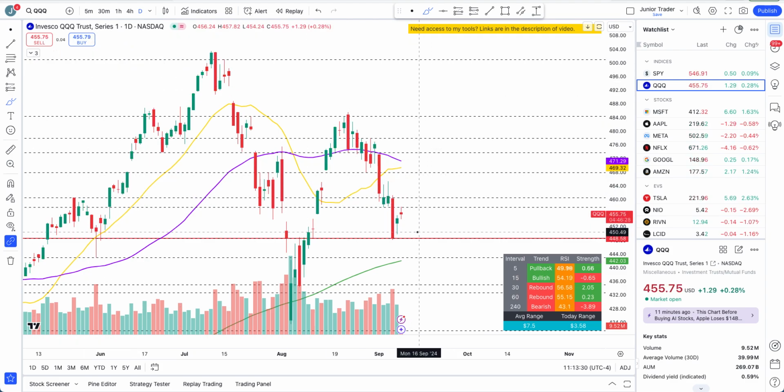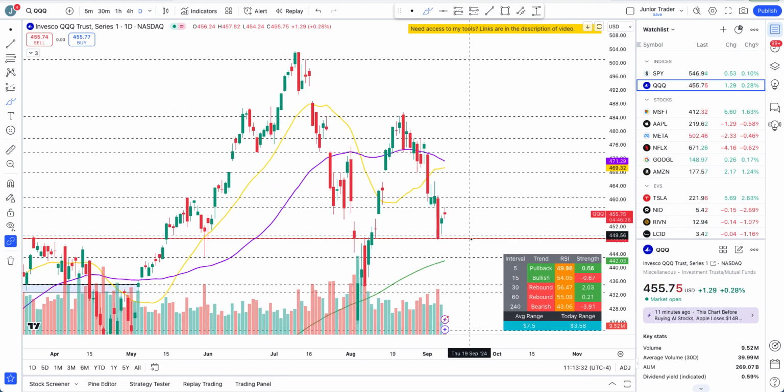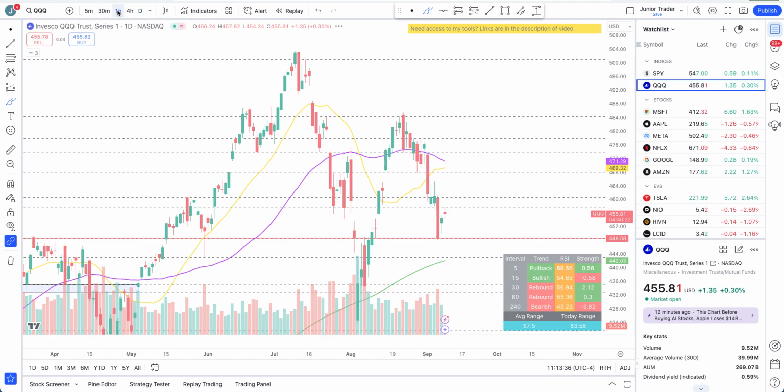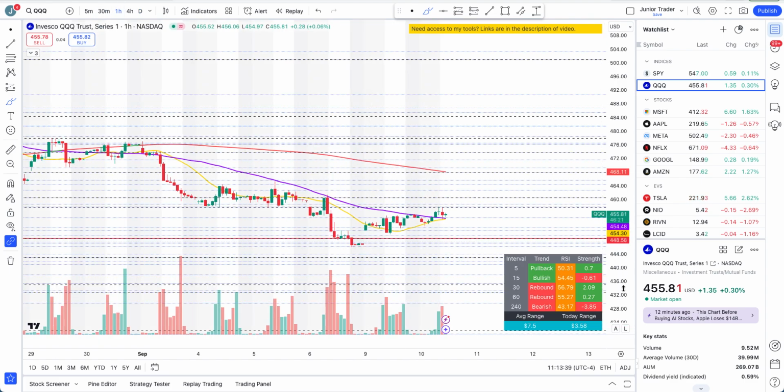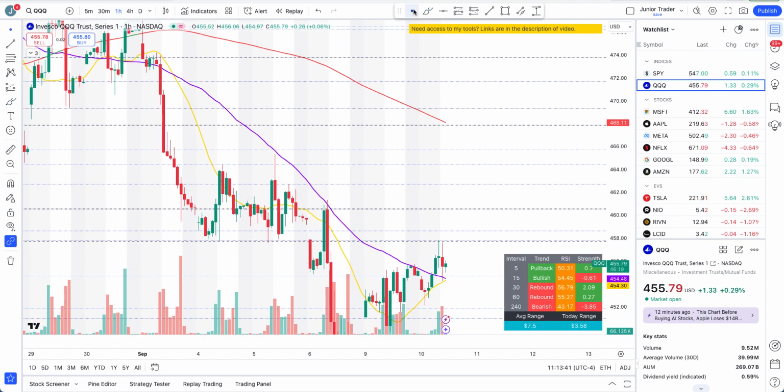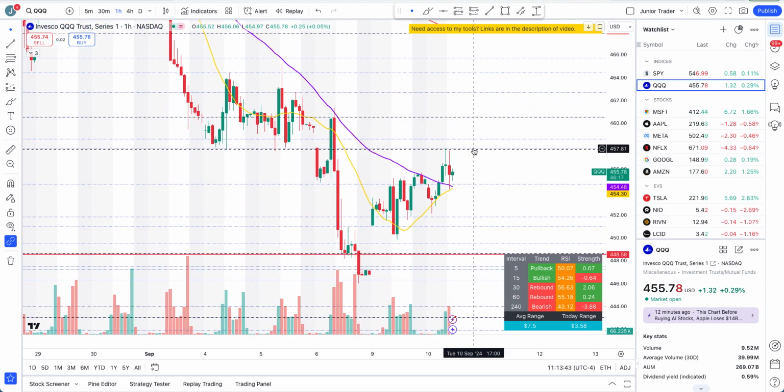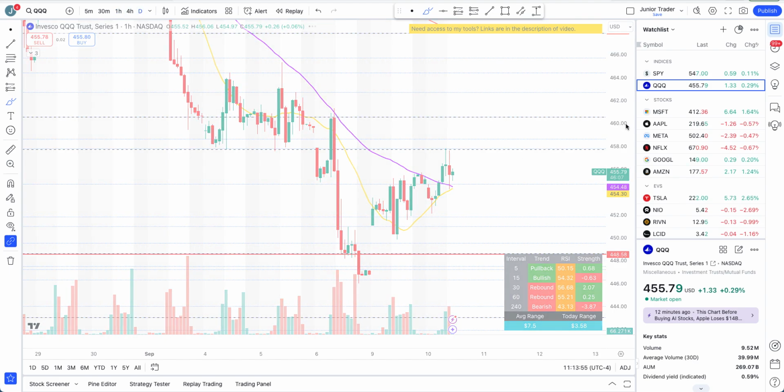Let's see if it can continue up, but we'll have to take a look at the hourly interval. If it can stay somehow above this level, 454.70, it's still fine. If we lose this and close below it, then that's a problem. I'll talk about it later as well, once the market has closed, for tomorrow, what to see.